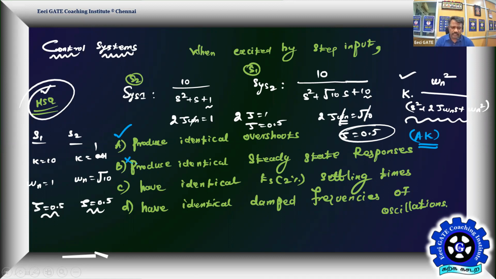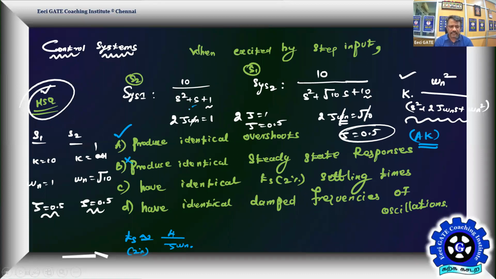Then what about the next one: identical settling times for 2% tolerance band? Ts for a 2% tolerance band is approximately 4 by zeta omega n. That means they should have identical zeta omega n.